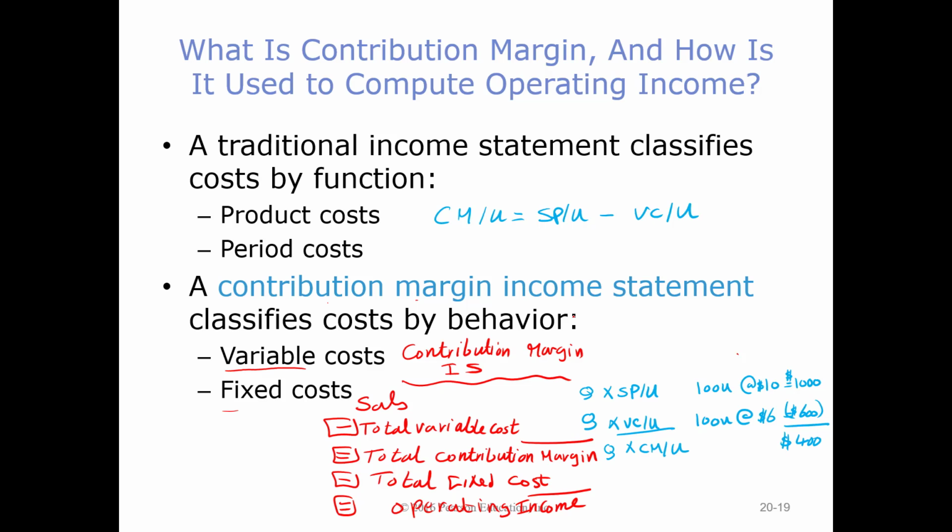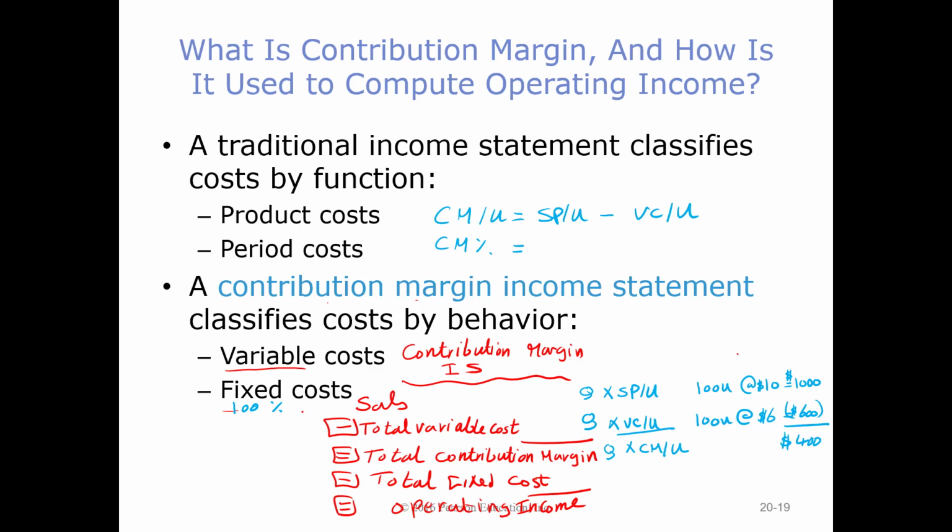Okay, very good. And then another thing that we have to keep in mind is what we call the contribution margin percentage, and this is very important to be taken into consideration. Sales is the main number in the income statement and we always consider it as 100.